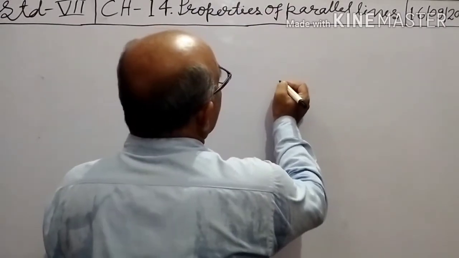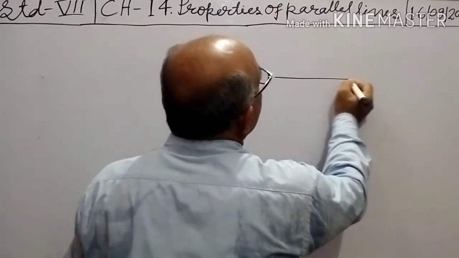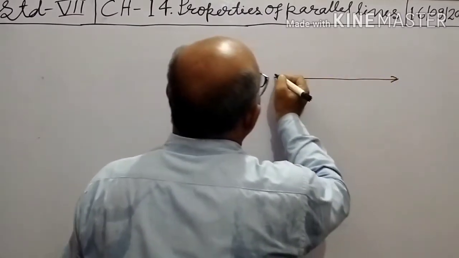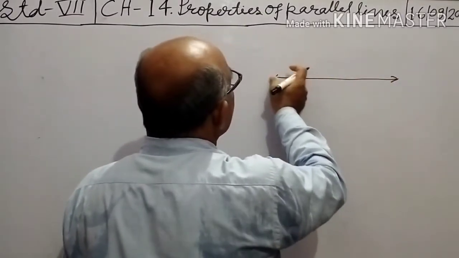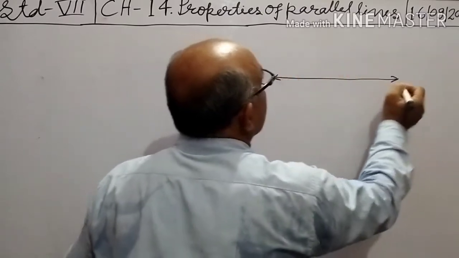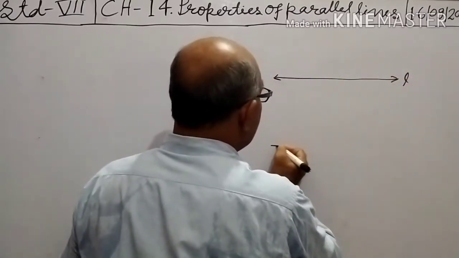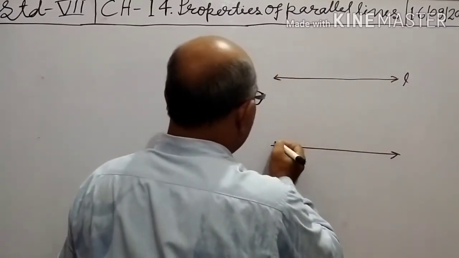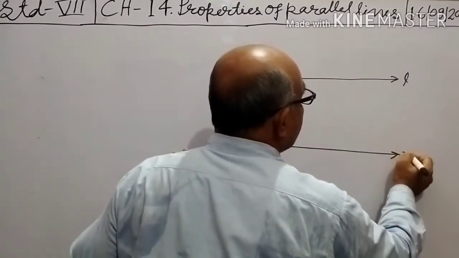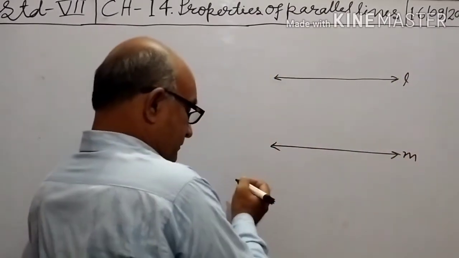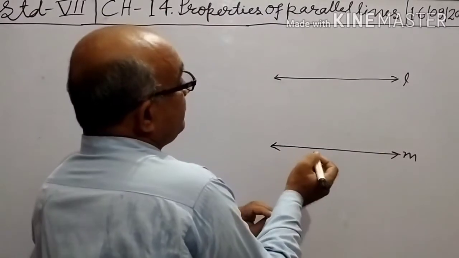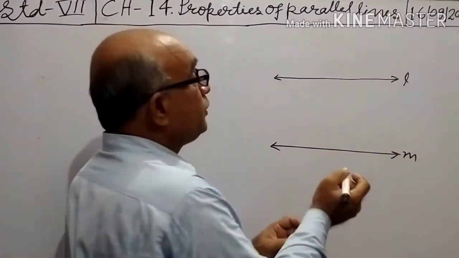Students, draw two lines, line L parallel M. L and M are two lines.